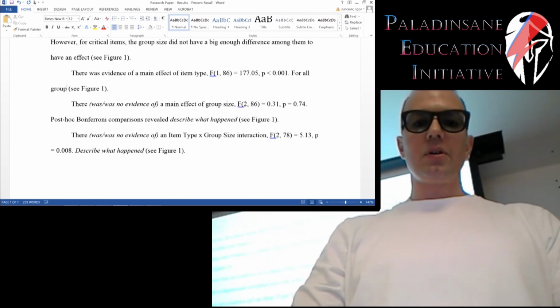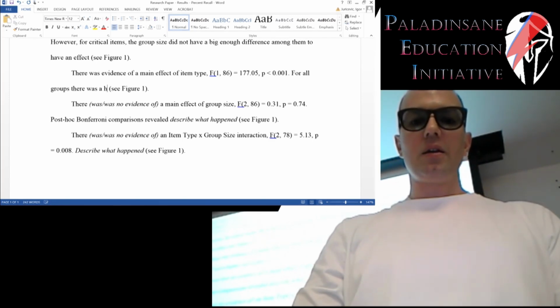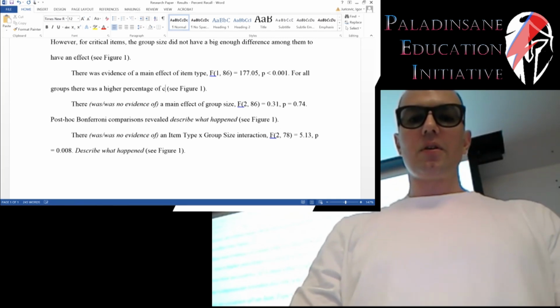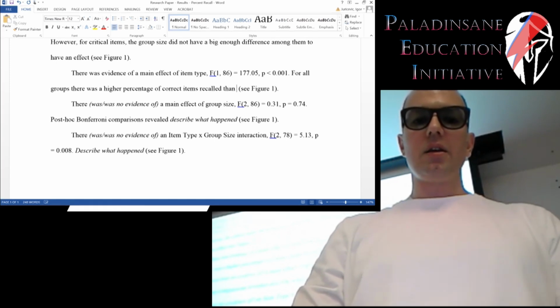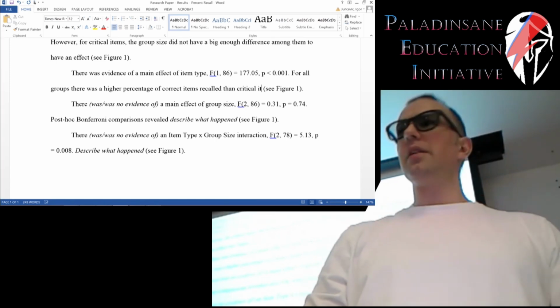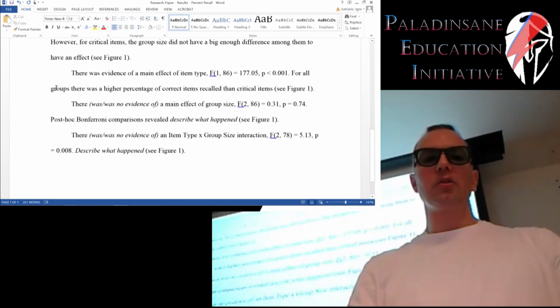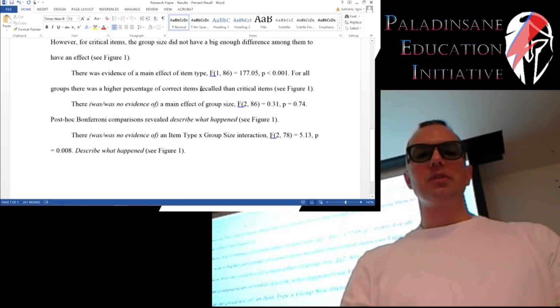For all groups, there was a, let's go with higher percentage of correct items recalled than critical items. I think that's mostly what we had there. Okay, so for all groups, there was a higher percentage of correct items recalled than critical items.